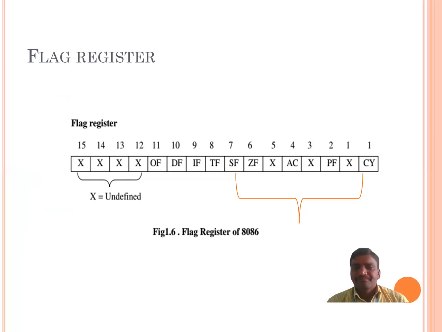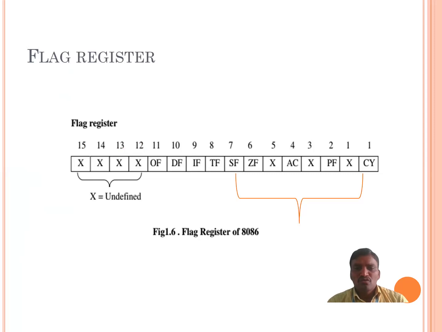The next one is the flag register. In the 8086 microprocessor, the flag register consists of a total of 9 flags. These 9 flags are divided into 2 types: one is conditional code flags, another is control flags.